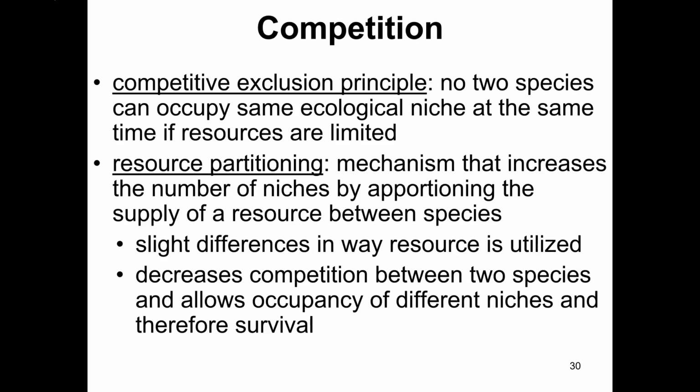One way of getting around this is by resource partitioning. What that does is you can increase the number of niches within one area by partitioning the area up into different resources, okay?